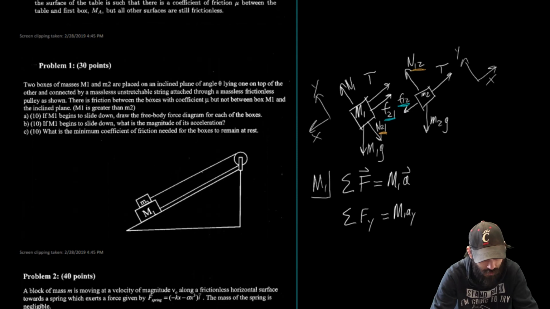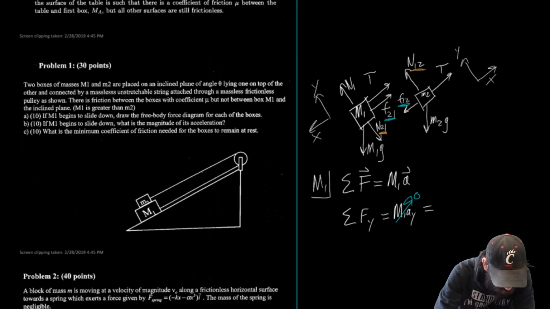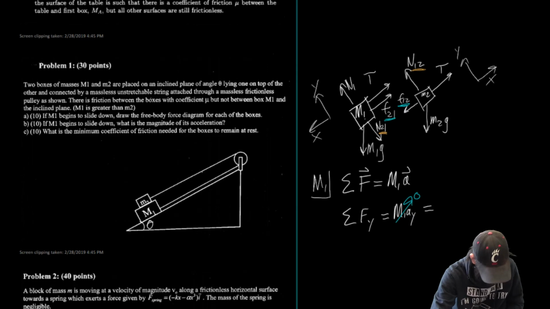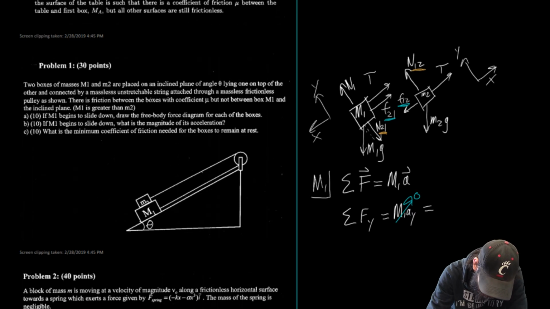This is going to be 0 because it's not going to accelerate in the y direction. So we can draw our angle here, theta. So here's our angle theta, and this right here is going to be the angle theta.